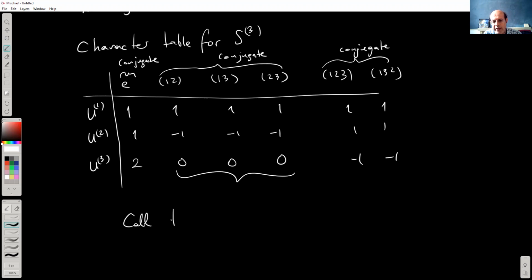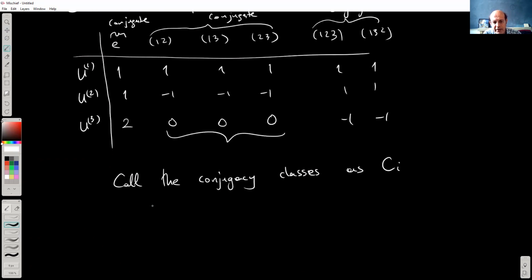So let's say it like this. I'm going to call the conjugacy classes C_i. So as a result, C1 would be only the identity. The second conjugacy class in here is these 2 cycles, so that's 1,3 and 2,3.